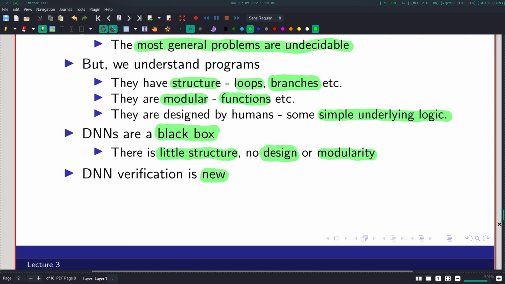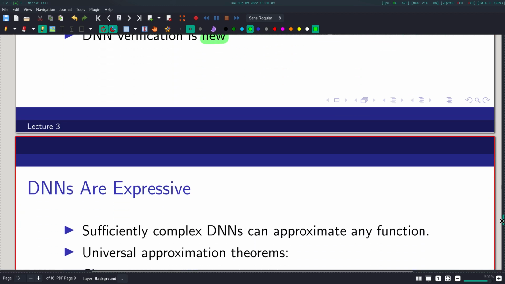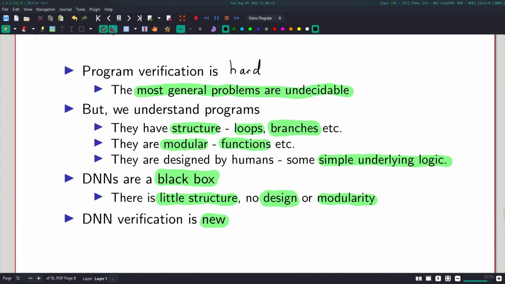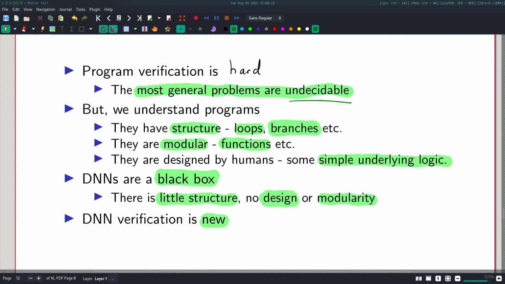Or you can ask another question, which is, okay, we know that programs are really expressive, and that makes program verification undecidable, right? The reason why program verification is undecidable is because programs in general can be very complicated in terms of functions, right? If I give you a Python function, then that Python function can be potentially arbitrarily complicated, right?